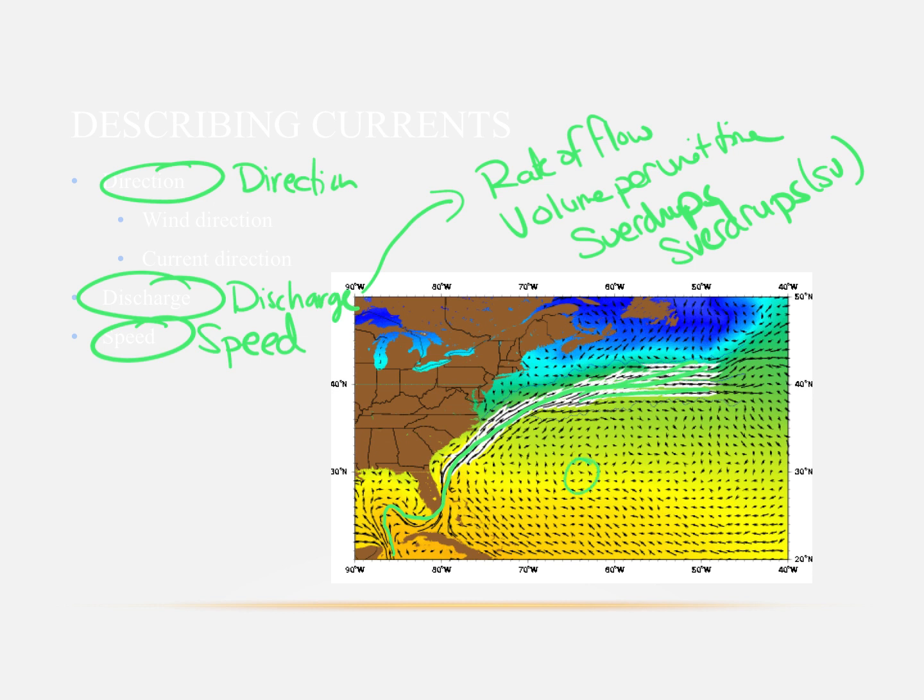This is data that was, this is satellite data. Speeds are reported numerically, so you could have miles per hour, kilometers per hour, meters per second, feet per second, centimeters per second, or you can use a knot.